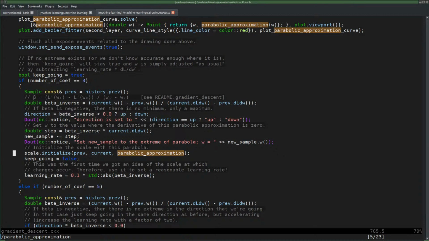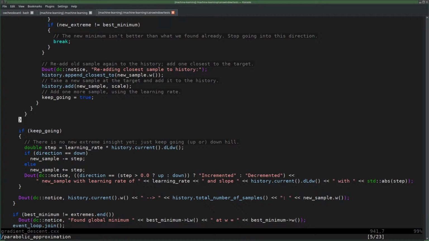Might suffer from the same thing, because the step here might be incredibly small. Okay, we don't get even here, and we definitely don't get here. And keep going is set to true. Direction is not set, so we get here, I guess.